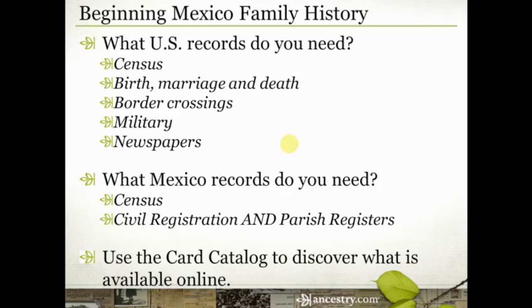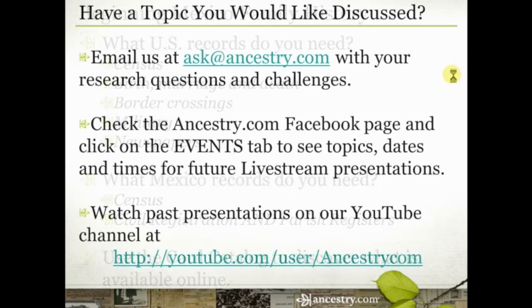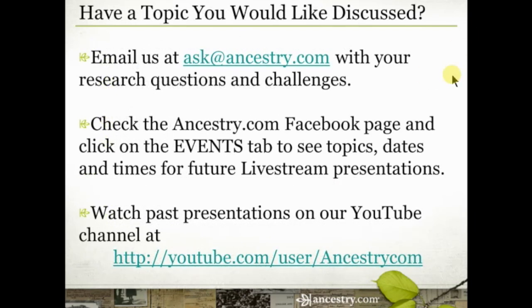And then when you're ready to research in Mexico records, upgrade to the world subscription so that you have access to those. Use that card catalog first, though, to make sure that we've got the records for the place in Mexico where your family happens to be from, so that you know that we've got the records available online that you need before you upgrade.